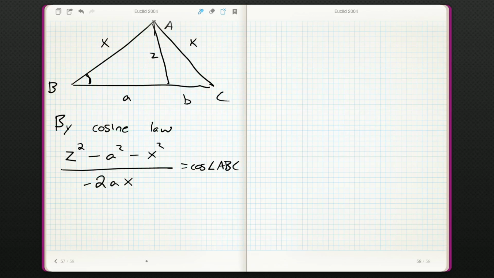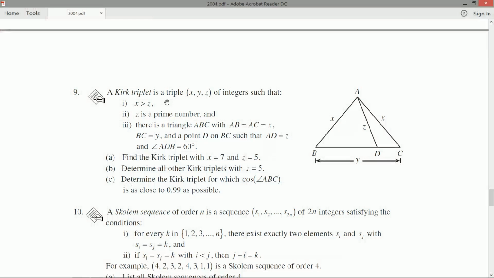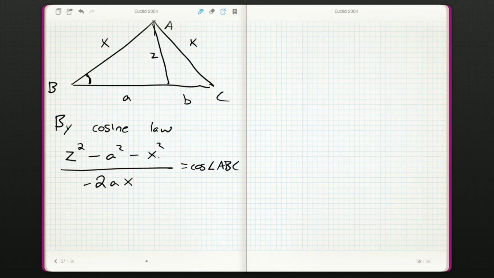I probably should have named these B and C instead of A and B, but okay. Yeah, so we got that all set up. So we want that to basically be 0.99. That's the idea. That's what we're shooting for.